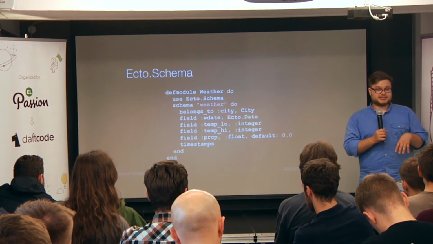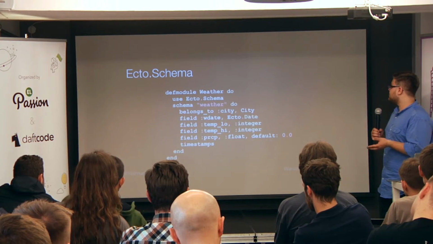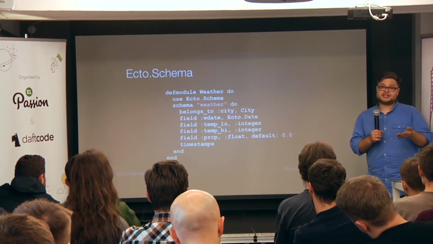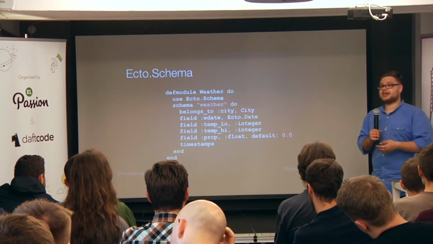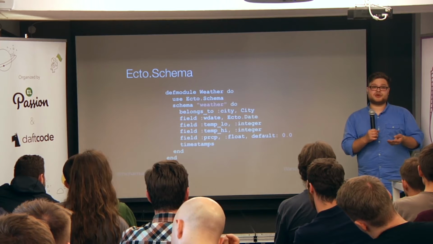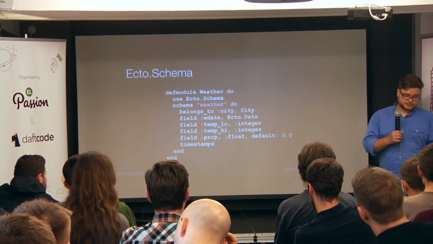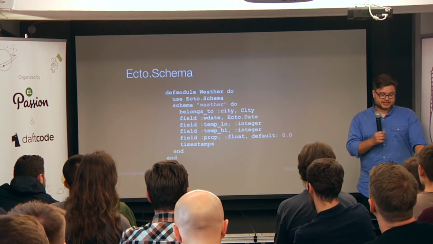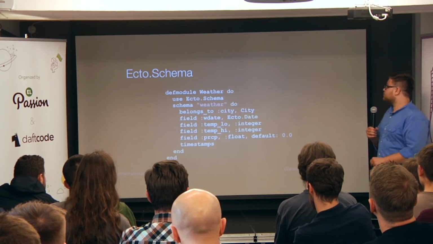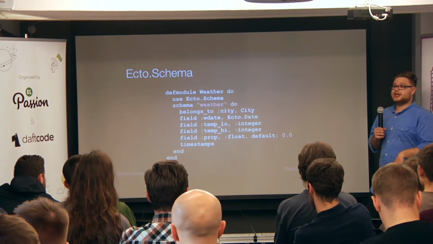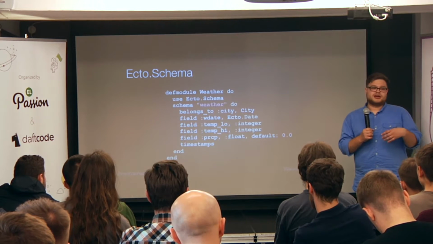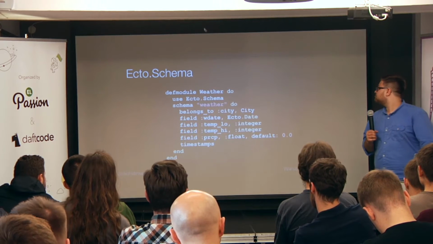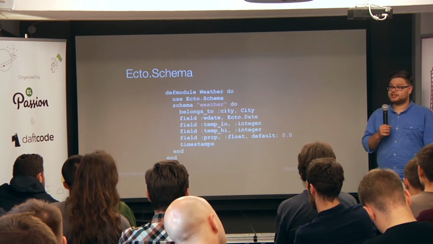It also adds some type information on top of that, so Ecto is able to properly load data from the database and dump it back, or cast data coming from outside sources, like HTTP requests. There is also support for associations, like belongs to, has many, many to many, and basically everything you can expect.